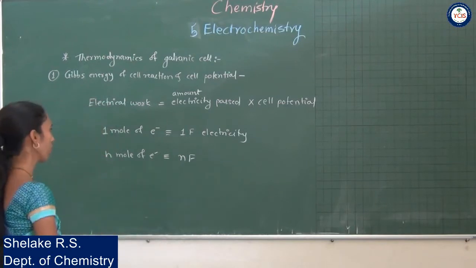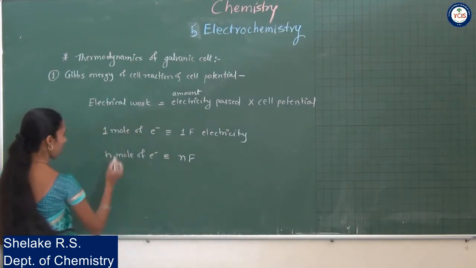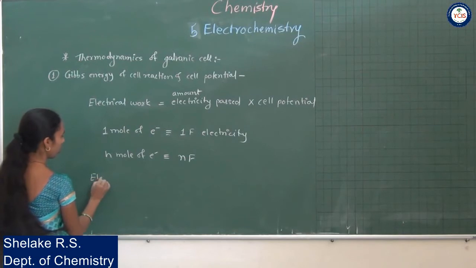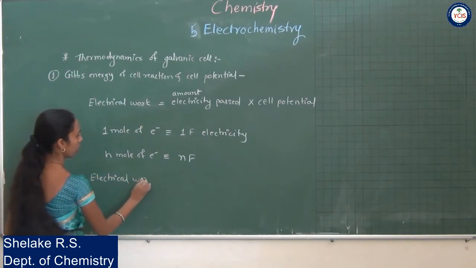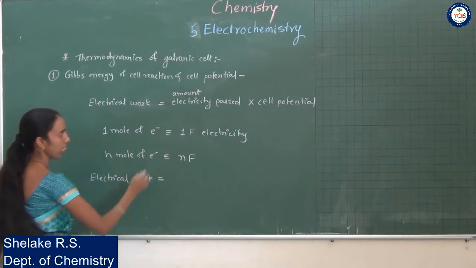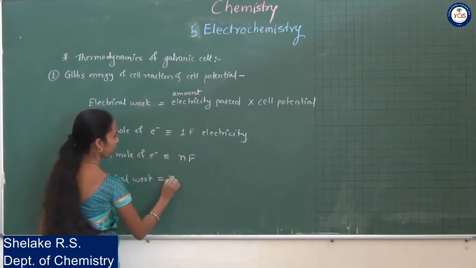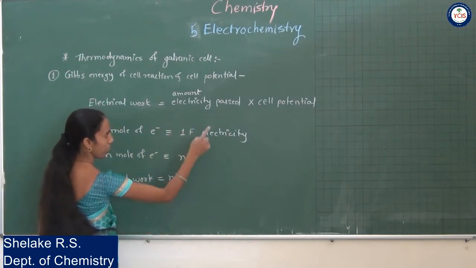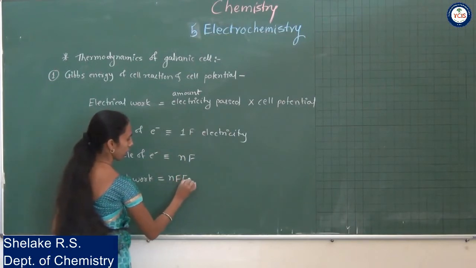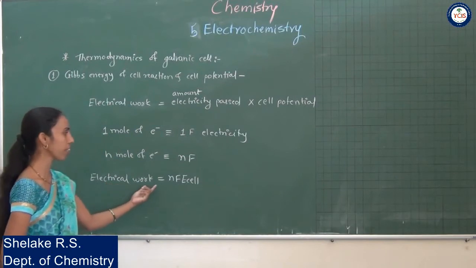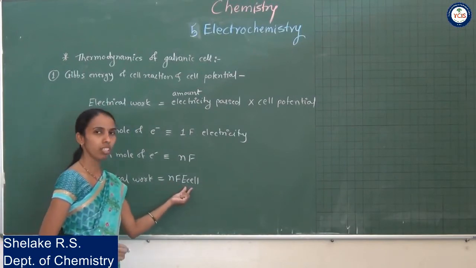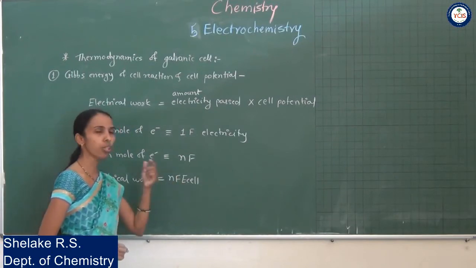So you can write it down here, electrical work is equal to, amount of electricity passed is nF into cell potential, which is denoted with E cell. So you can write it down, electrical work is nothing but nF or n into F into E cell.